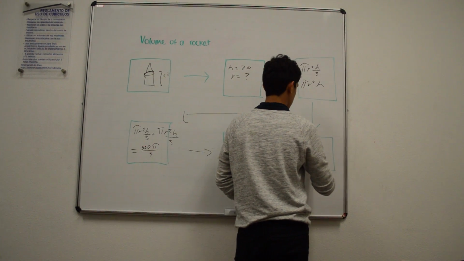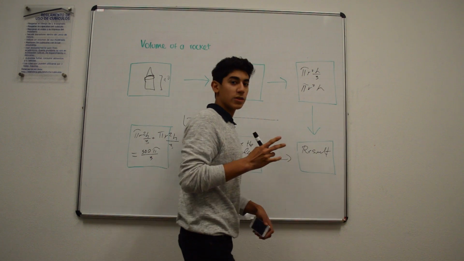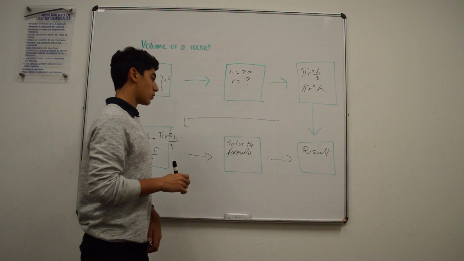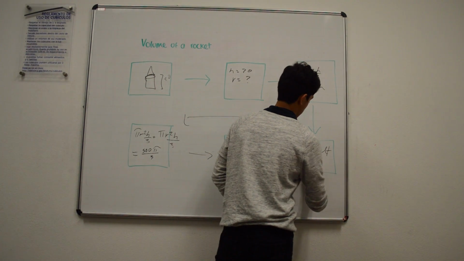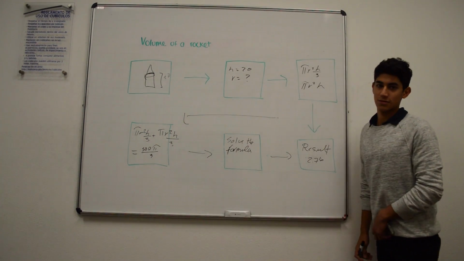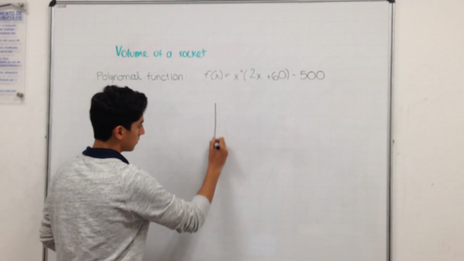And then you have the result. There are three results, I'm sorry. Two negatives and one positive, and we achieved our result, which was 2.76.